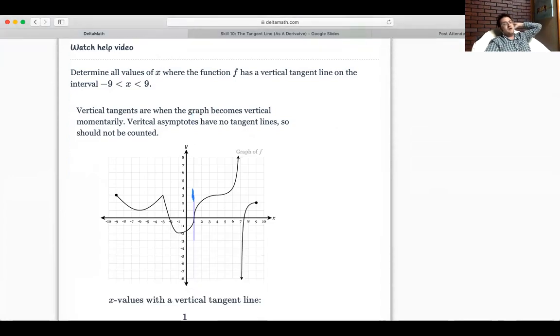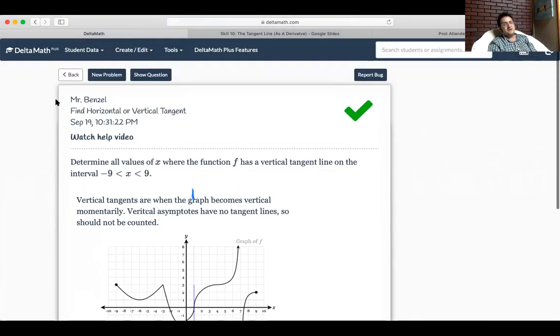You may be saying, well, it's looking pretty close to vertical as we're getting towards 7. But keep in mind that at 7, we're dealing with a discontinuity type of situation rather than a vertical tangent line type of situation.